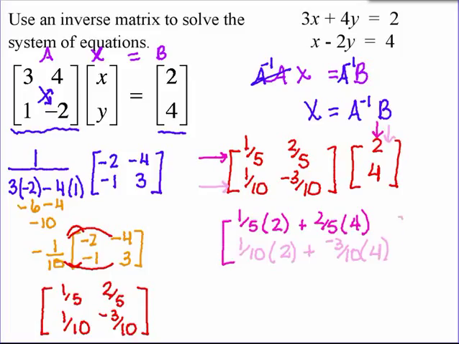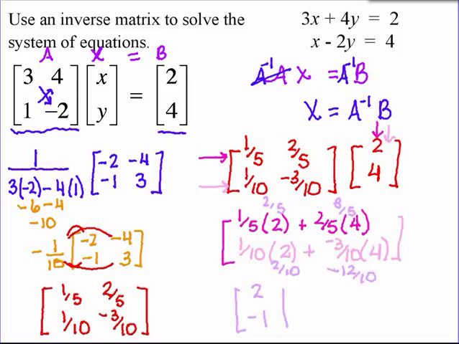Last but not least, I need to calculate those. Here I end up with 2/5, and here 8/5. 2/5 and 8/5 is 10/5, which is the number 2. On the bottom I get 2/10 and negative 12/10, which gives negative 10/10, which is negative 1.